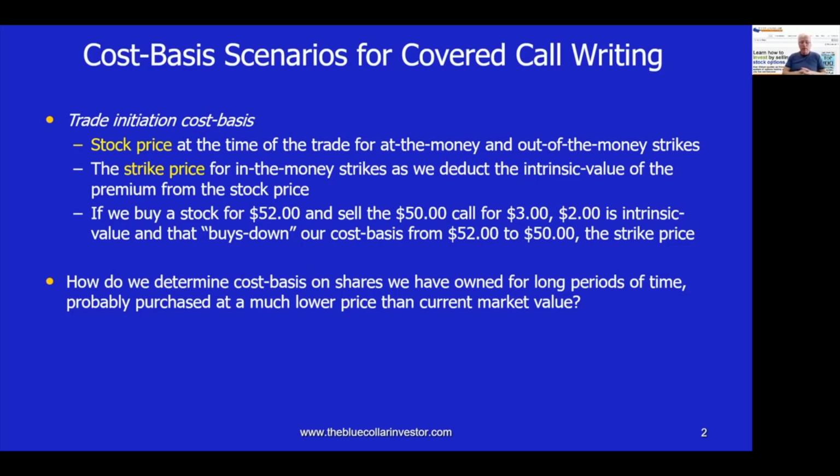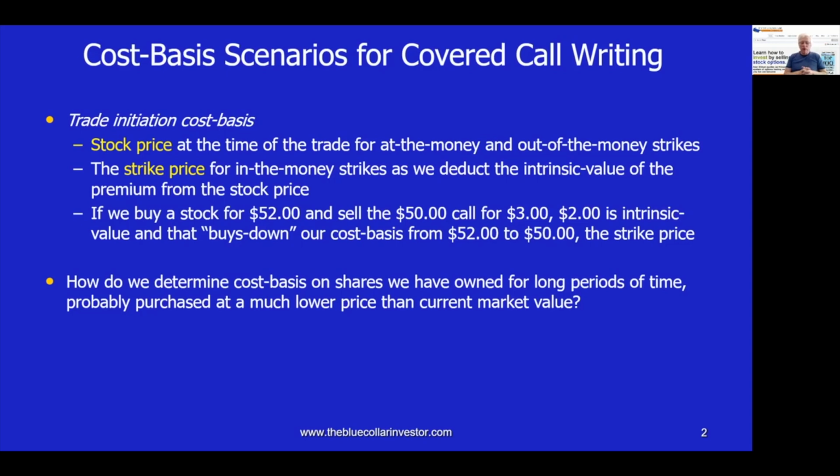The amount that the strike price, 50, is lower than current market value, 52. In essence, it's not profit because we're going to be losing $2 on the sale of the stock. So of that $3, $2 is intrinsic value, leaving $1 as our actual time value initial profit. So our cost basis in that case would not be 52, but it would be 50, because we are deducting that intrinsic value component.